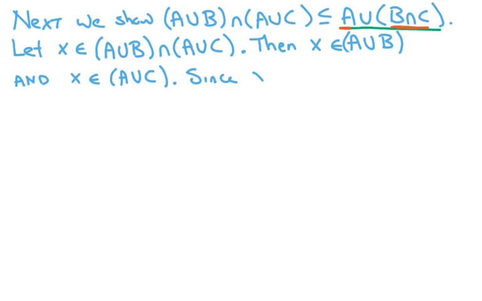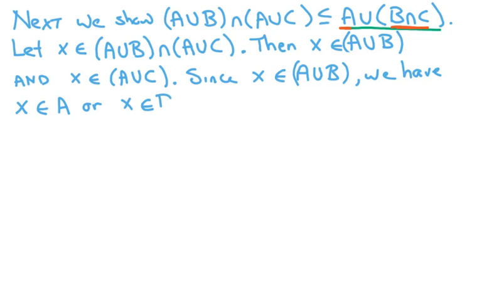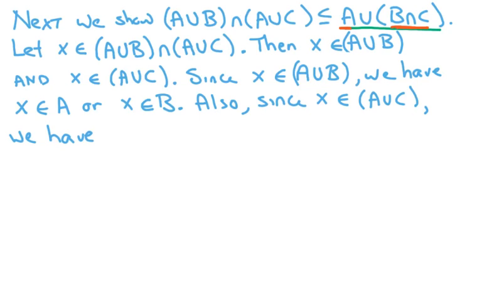Since X is in A union B, we have X is in A or X is in B. Also, since X is in A union C, we have, what do we have?